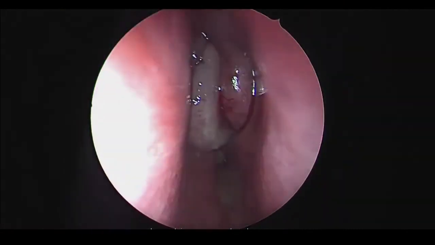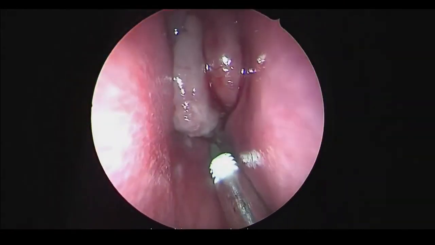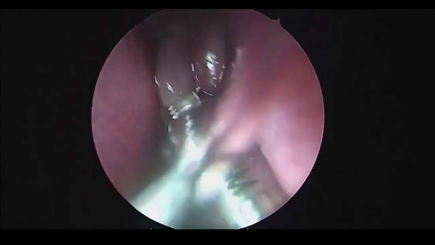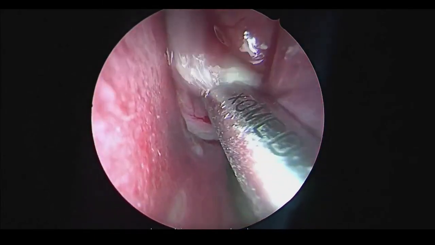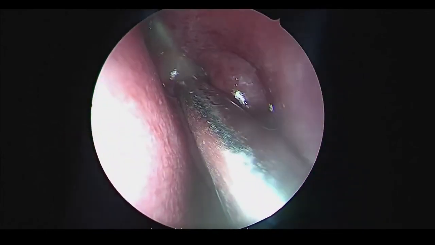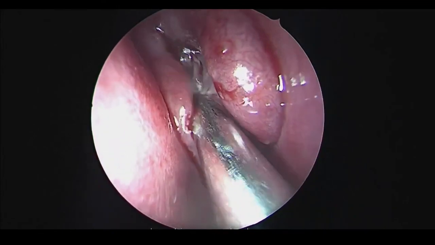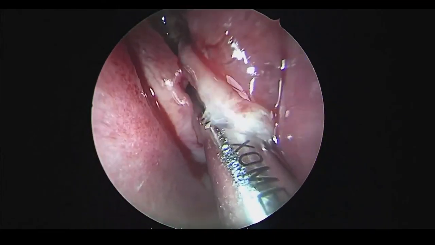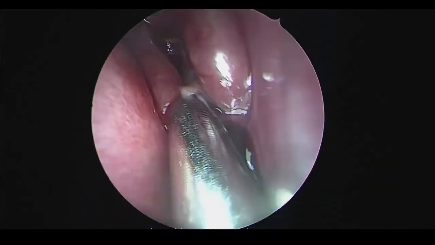So now this is the initial preparation. What I am doing now, see under vision, debriding this polyp coming out of the middle meatus. Yes, AFRS.